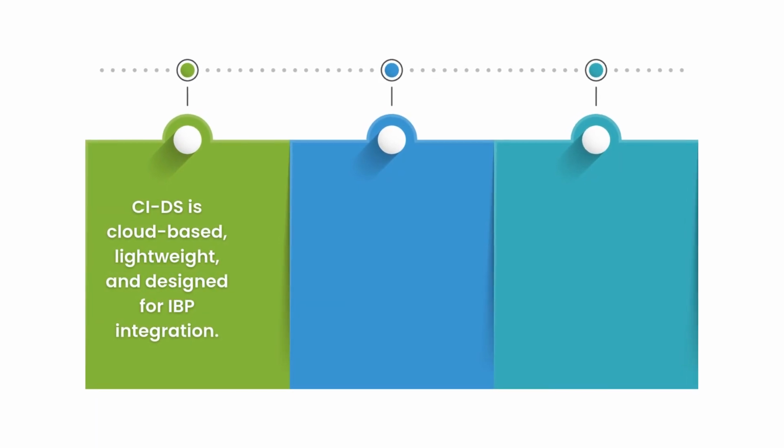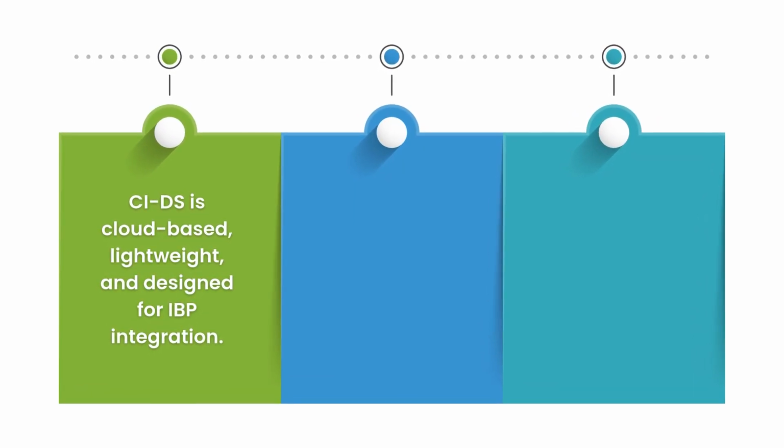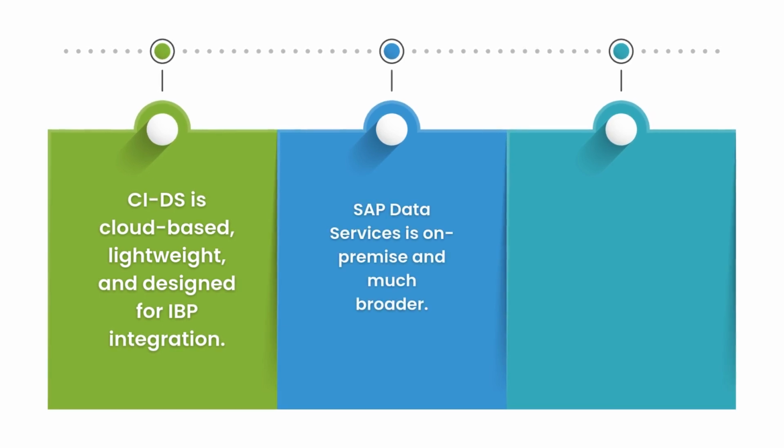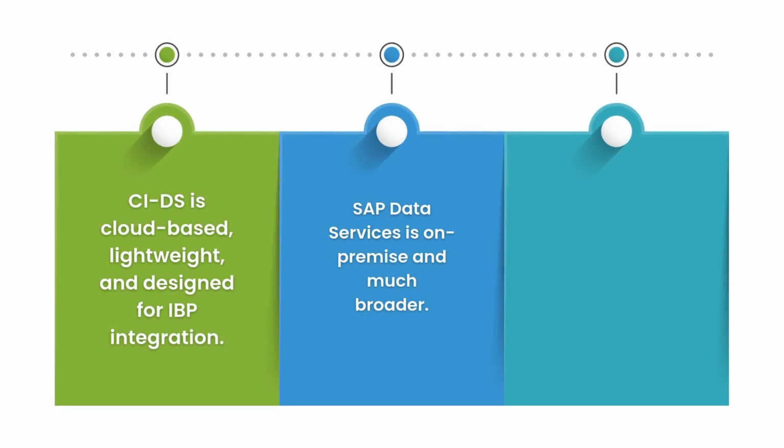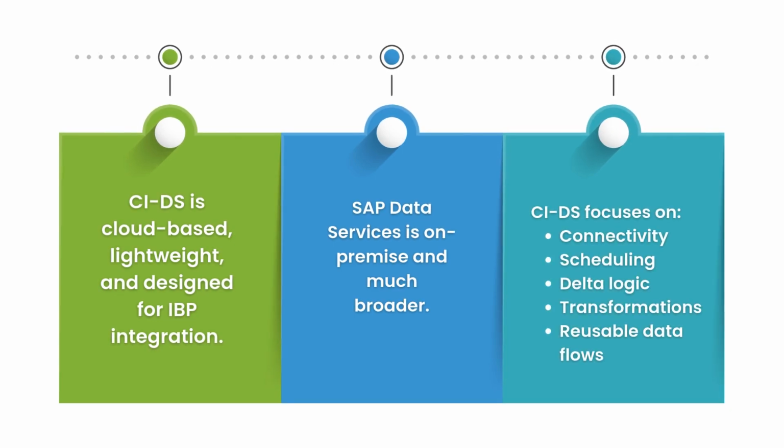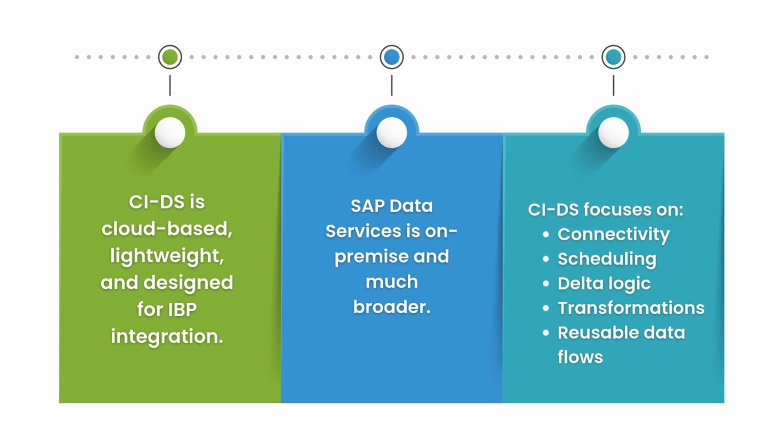So it's similar to SAP DS data services on-premise? Similar, but not identical. Let me explain. CIDS is cloud-based, lightweight, and designed for IBP integration. SAP Data Services is on-premise and much broader. CIDS focuses on 1. Connectivity to cloud and on-prem systems, 2.